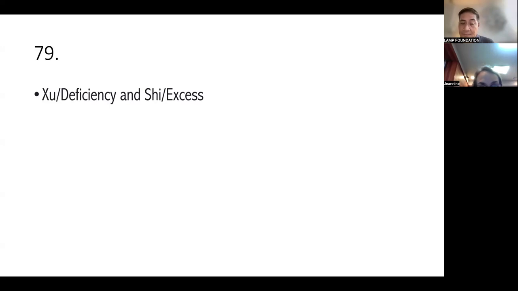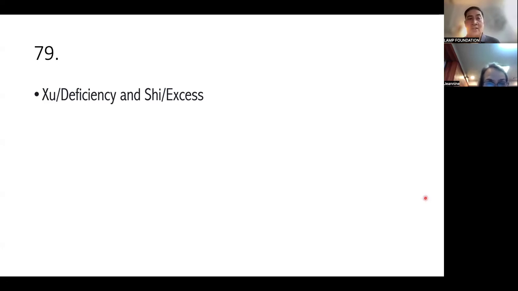Yung isa naman is full, yung excess. Excess naman, presence of pathogen, and normal yung upright qi kasi may nangyayaring gyera, di ba? Mixed deficiency and excess, mahina yung upright qi, tapos may pathogen. Okay? Yes. Now we're clear.